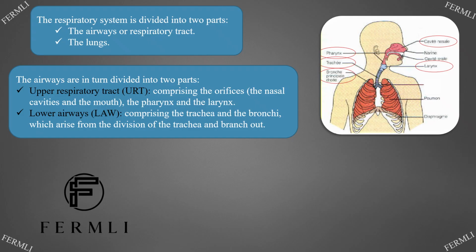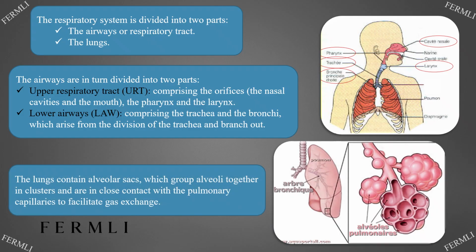Lower airways, LRT, comprising the trachea and the bronchi, which arise from the division of the trachea and branch out. The lungs contain alveolar sacs, which group alveoli together in clusters and are in close contact with the pulmonary capillaries to facilitate gas exchange.